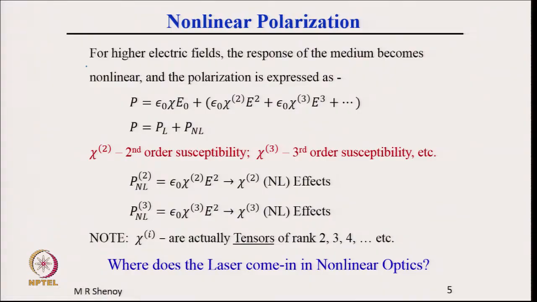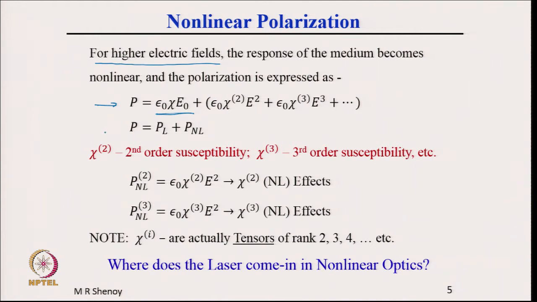For higher electric fields, for stronger electric fields, the response of the medium becomes nonlinear and the polarization is expressed as P is equal to, this is the linear part, epsilon 0 chi into E, plus epsilon 0 chi 2 into E square plus epsilon 0 chi 3 into E cube plus etcetera, a power series.